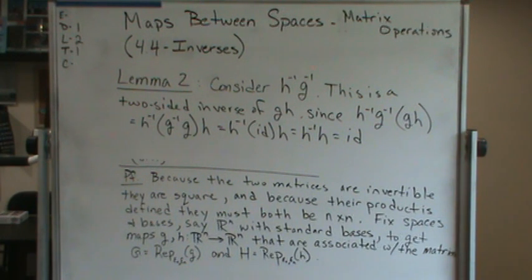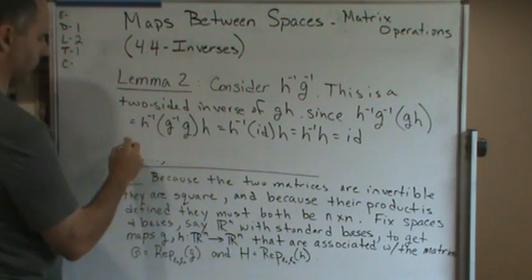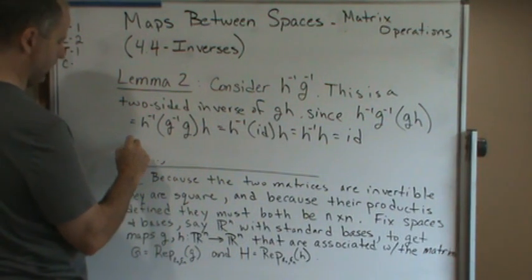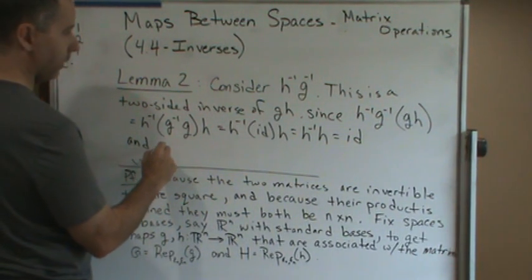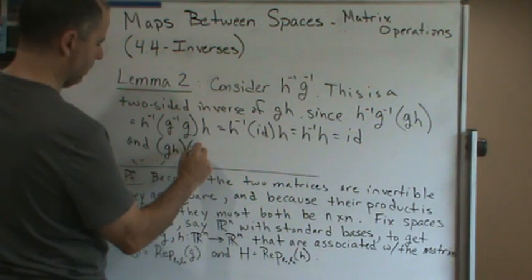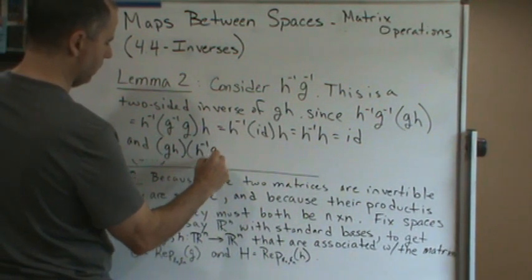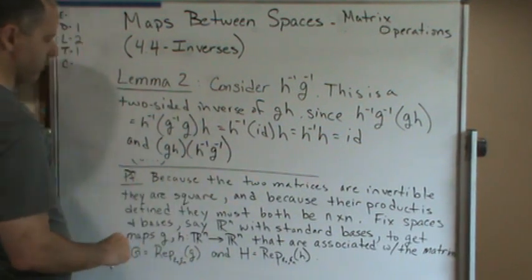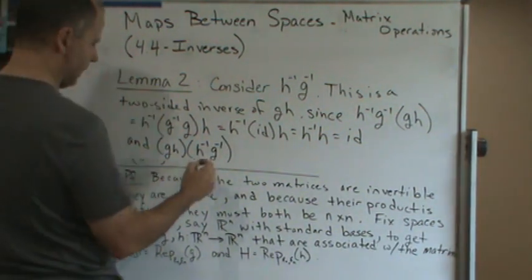Now, what if we do it the other way? Okay, let's compose it the other way. GH times H inverse G inverse. Okay, same thing.